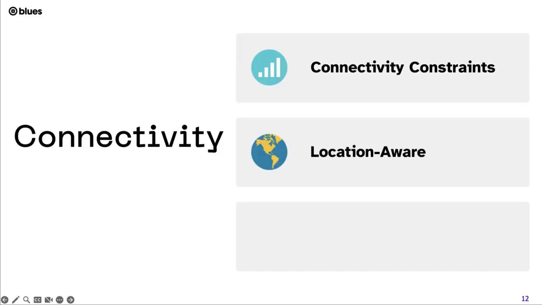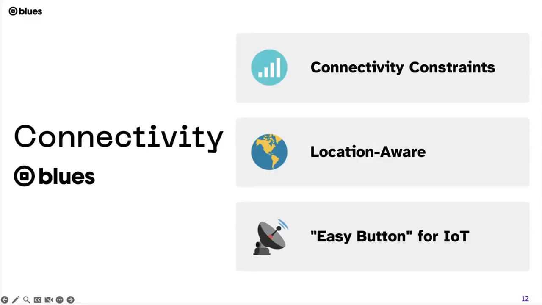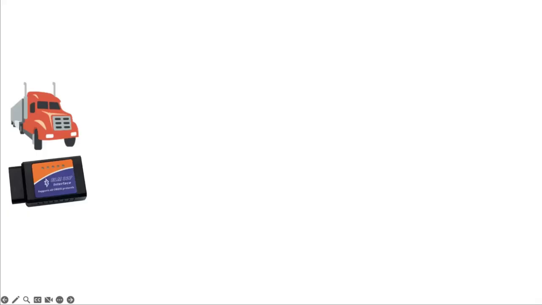We've all experienced this. Plus, in many scenarios with something moving, you're wanting to track location. GPS is fantastic, but of course, it can be sensitive to visibility of satellites and is really power hungry. Well, like Edge Impulse is for Edge AI, I will claim that Blues is the easy button for wireless connectivity, especially as it pertains to cellular and its seamless fallback to satellite, which again, we'll see play out today.